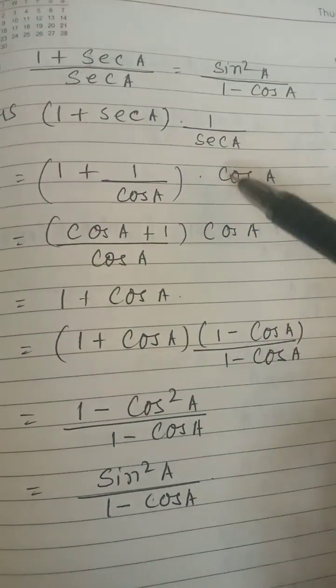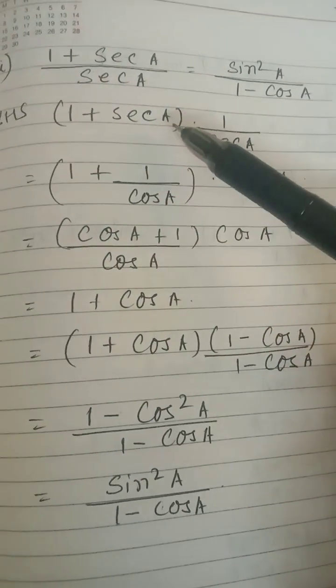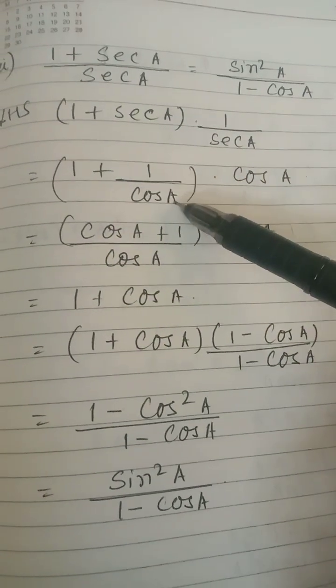So here 1 by sec A means cos A, and 1 plus sec A means 1 plus 1 by cos A.